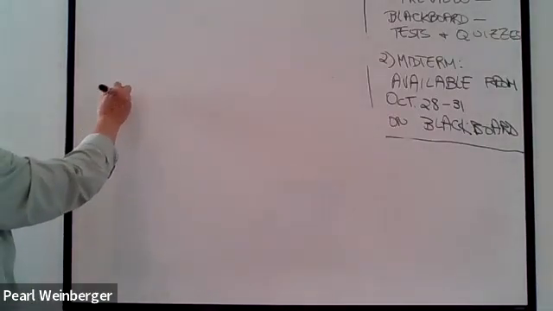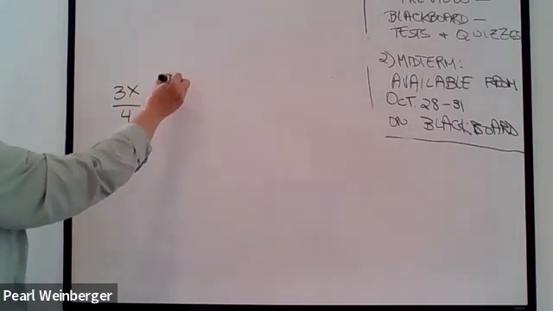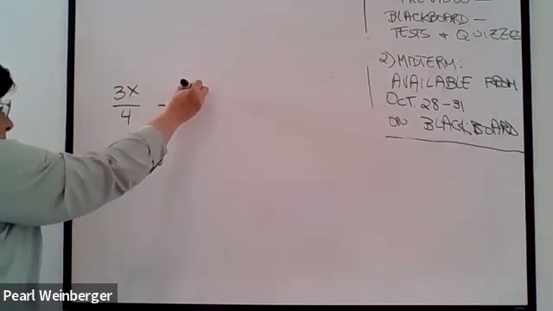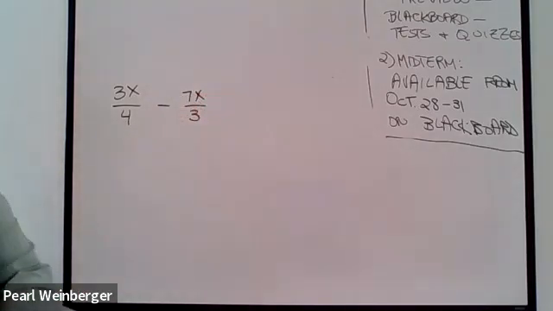So let's say I had 3x over 4 minus 7x over 3. Let's say I wanted to combine these two fractions.